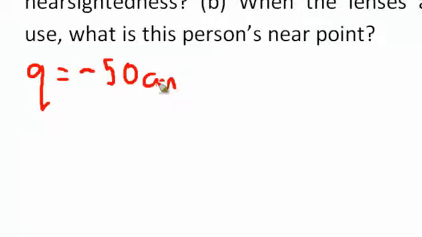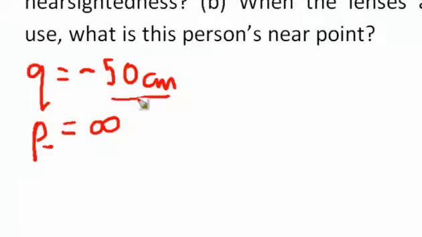Usually we say that the object for the far point is when we are able to see objects which are infinitely far away. So our object can be at an infinite distance, but the image of that object has to be produced at 50 centimeters for us to actually see it properly.